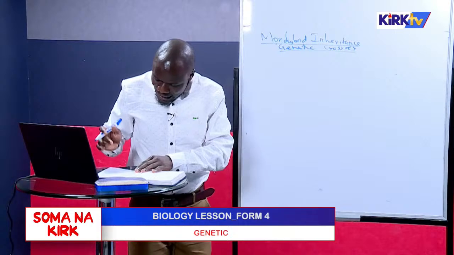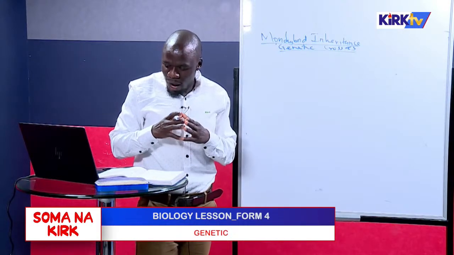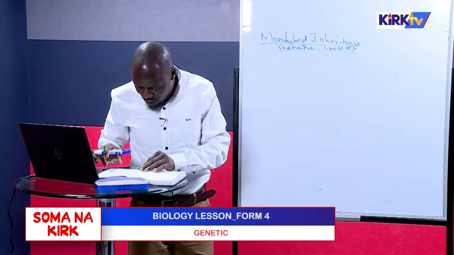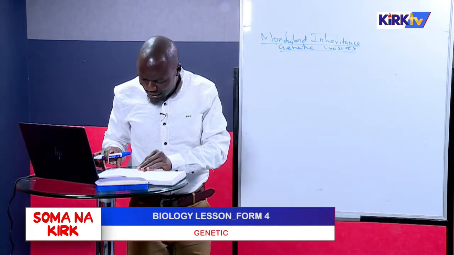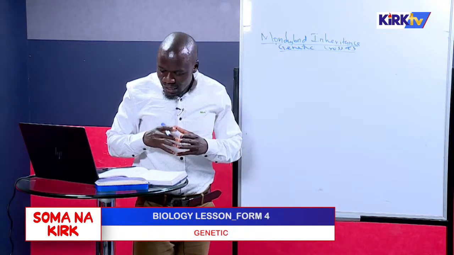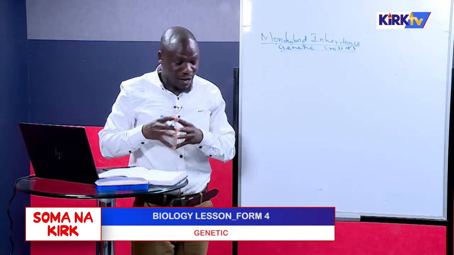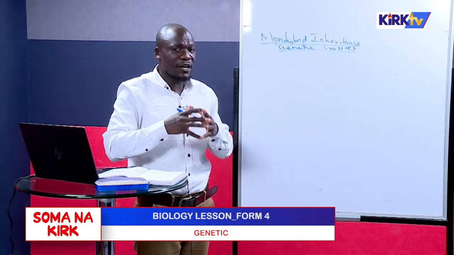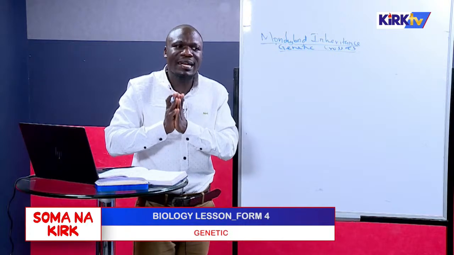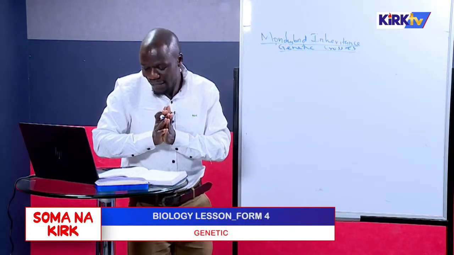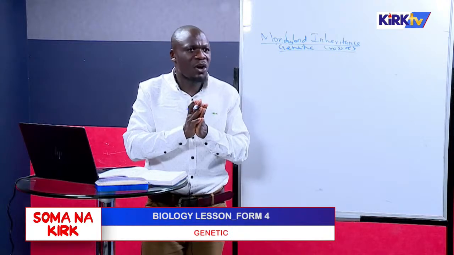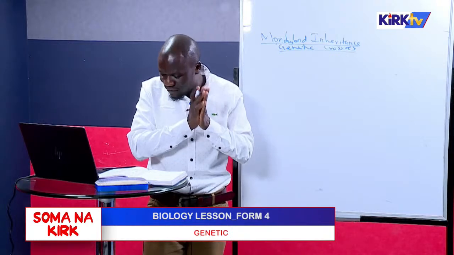So I've said that we have a garden pea. One has red flowers, another has yellow flowers. We are being told the red flowers are dominant, and I've told you about the dominant gene. A dominant gene must be presented in uppercase, in capital letter, depending on the letter that you've chosen or the one that has been specified for you.